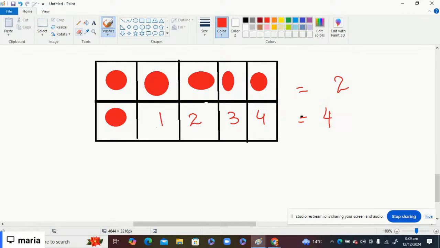Let's suppose your question is about this. Now this time you tell me how many dots you need to put, then it makes 10. Now you guys tell me. Count it and then tell me.